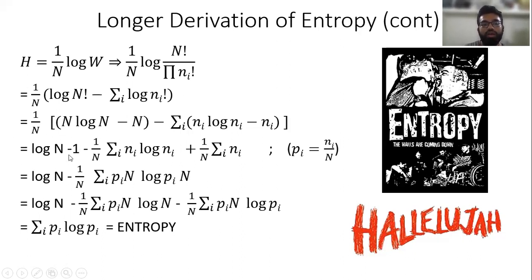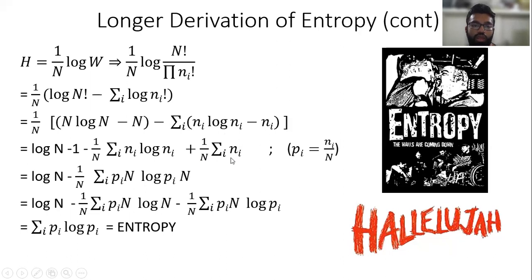This term over here, if we expand the summation, and we also need to take 1 over n inside, the first term becomes minus 1 over n sigma n_i log n_i. And the negative of a negative is a positive, so you would have plus 1 over n summation over i of n_i.